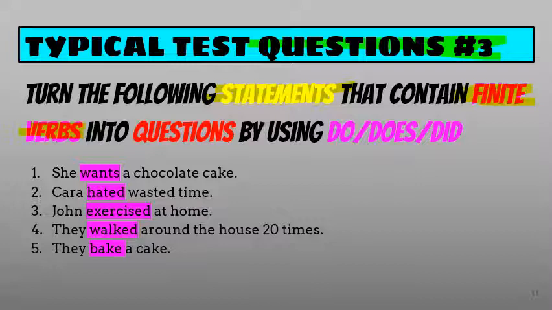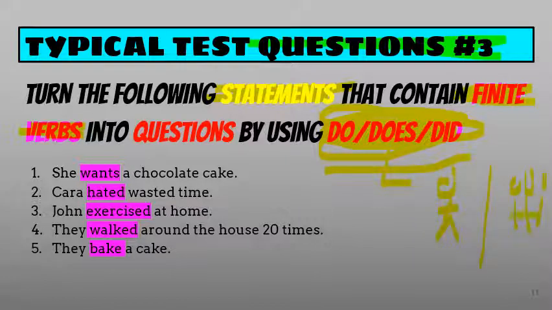I have to call in the help of my auxiliary verbs do or does or did. And remember, here it depends on whether I have a singular subject or a plural subject when I have to pick between these, and it is also going to depend on my tense, whether I'm going to use do or does or did.